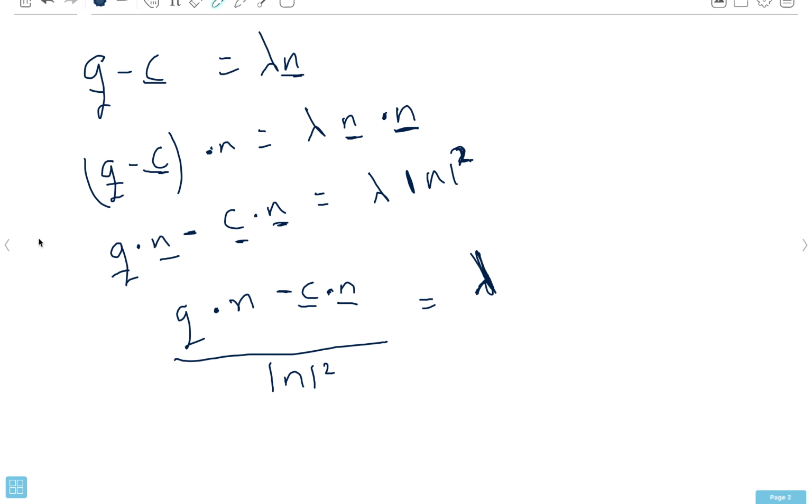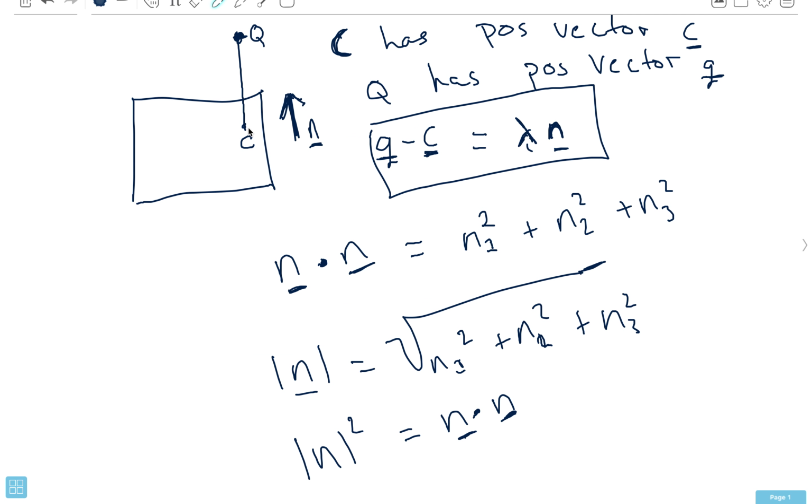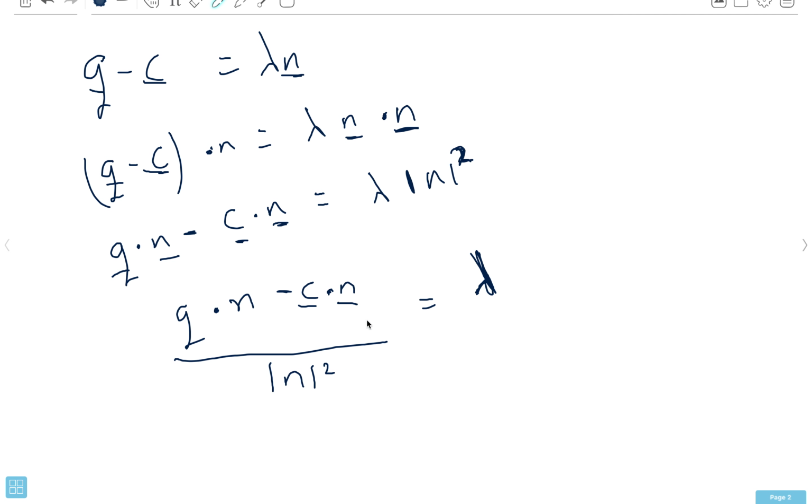If I go back to this, C is a point on the plane, and Q is the point that we want to get the distance from to C, but C is definitely a point on the plane. So C dot n is equal to d.